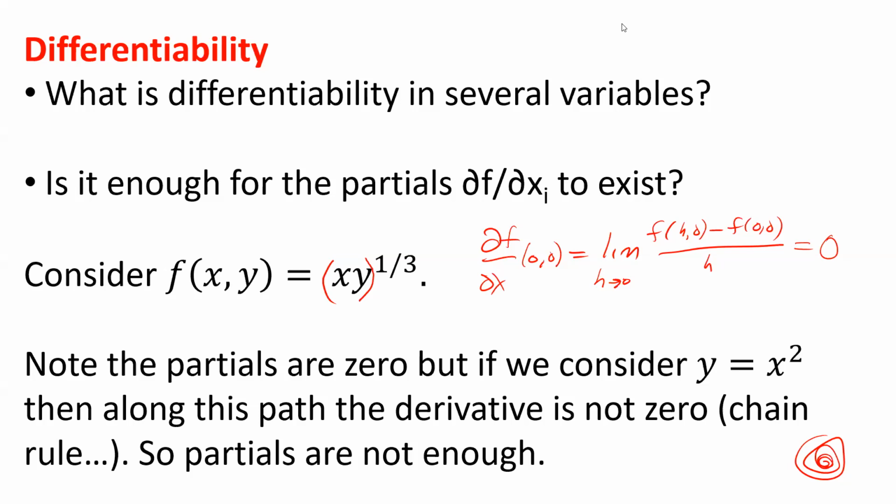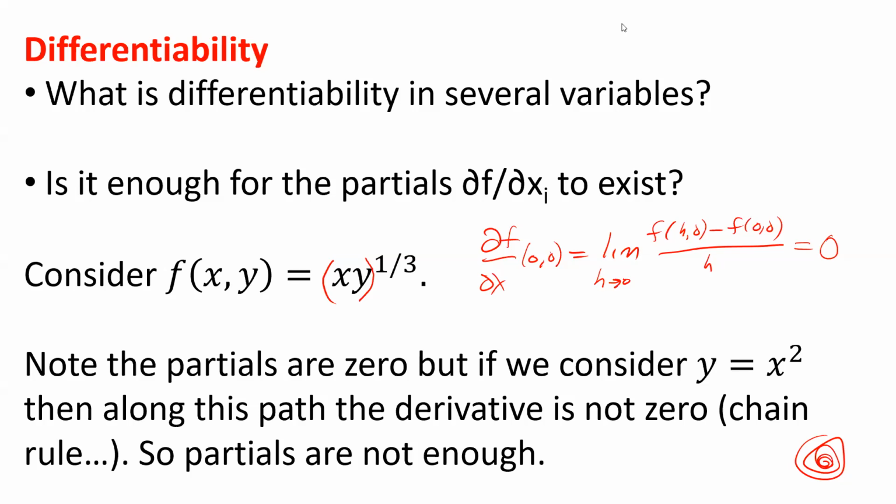If I were to guess, based on what Sasha was saying, maybe we need to extend that to all possible paths. So one possibility is to say along all possible paths. That might give you a correct definition of differentiability, but it may be practically useless because now you would have to check every possible path.